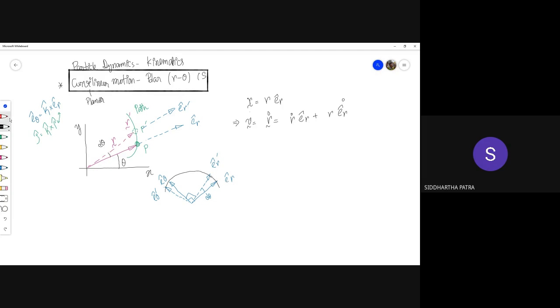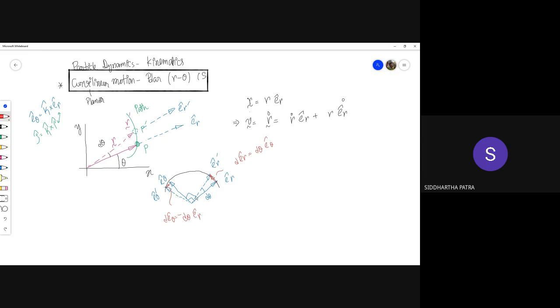In that I can find this d er, and by now you should know that it is simply d theta times e theta. And of course, the change in e theta, or d e theta, is d theta times minus er.